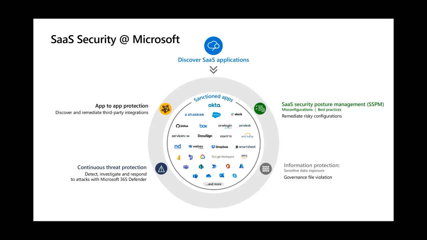And then lastly, app-to-app protection. Again, a newer pillar that comprises our SaaS security offering. And this is truly done through app governance and where our focus is going to be today.